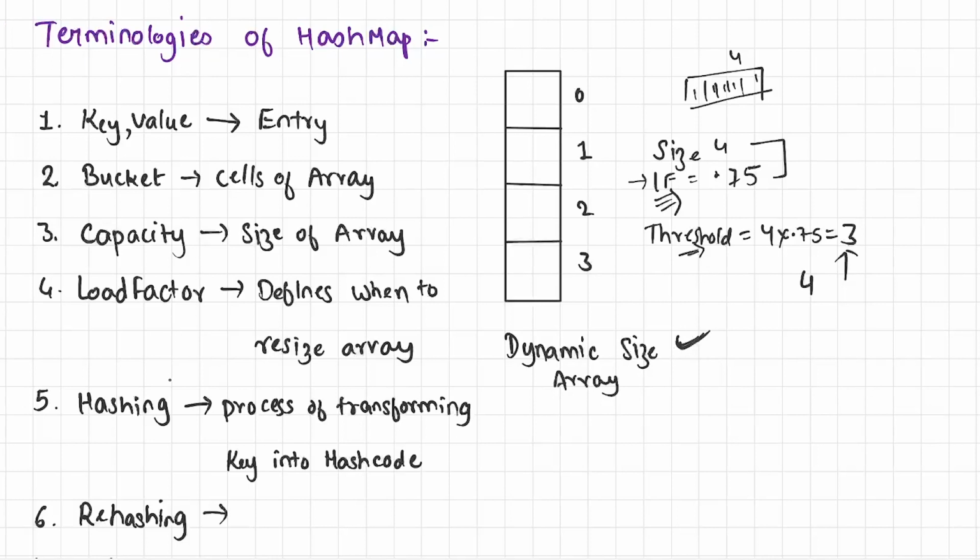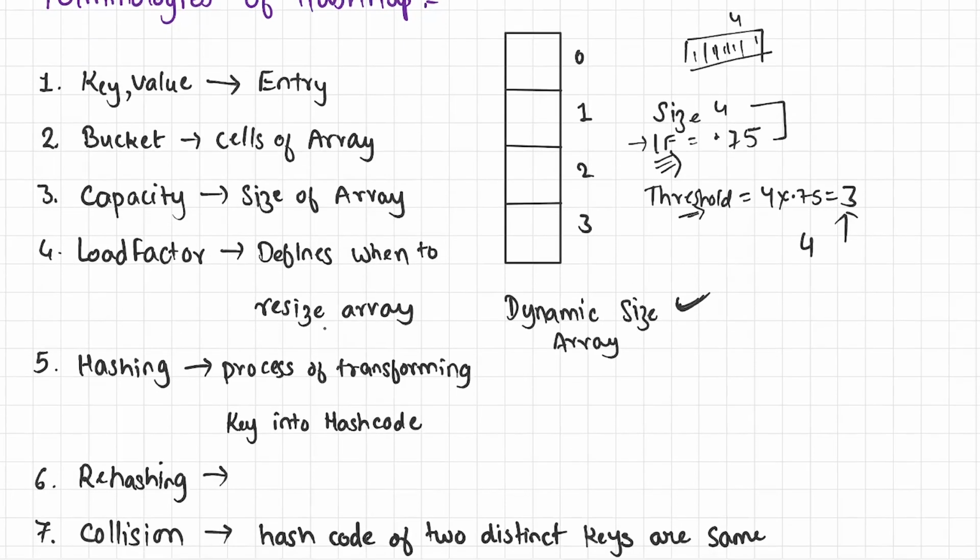Now let's move on to the next terminology, that is hashing. As I said, hashing is nothing but the process of transforming a key into a hash code. What is the reason for transforming a key into a hash code? Because we are storing key value pairs in arrays, and to store a key value pair we need to find the index at which it is stored.